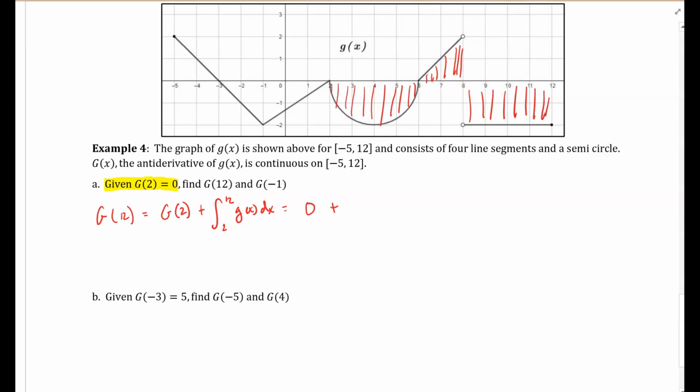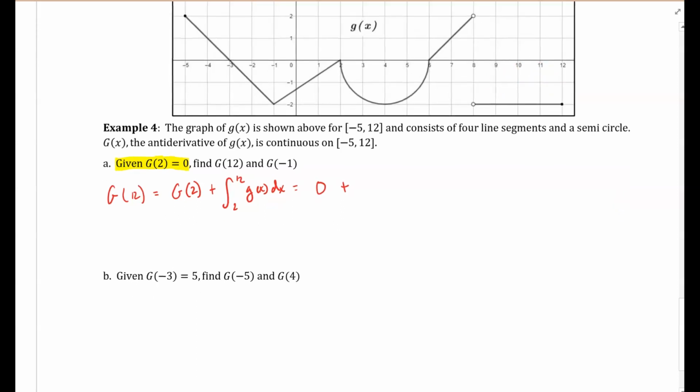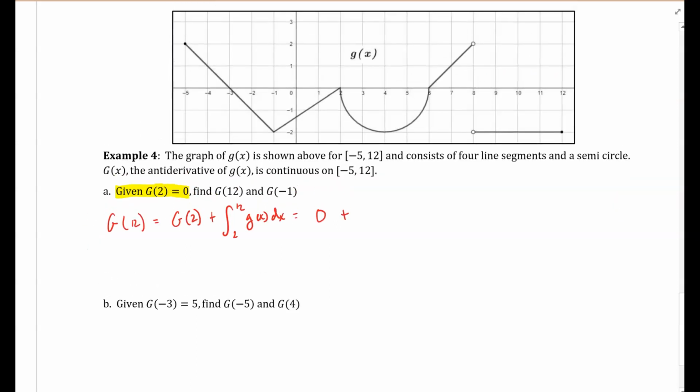One thing I like to do is write what the area is right on the graph. So I know that this area from 2 to 6 is a semicircle with a radius of 2. A full circle would be pi r squared, so 4 pi, but I'm cutting that in half. So this is 2 pi, and because it's below the axis, it's negative.